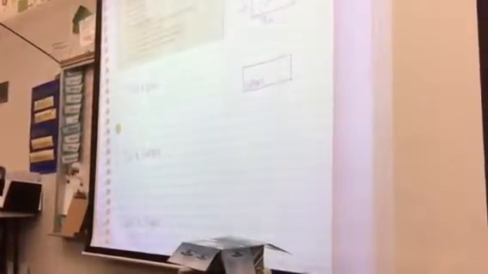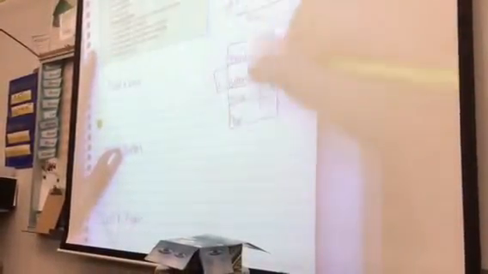Okay, so let's go ahead and fill that in on our net. And there's a reason why I'm taking the time to label it, okay? Front, and then here's the back, bottom, my top, and then here is my left, and this is my right.